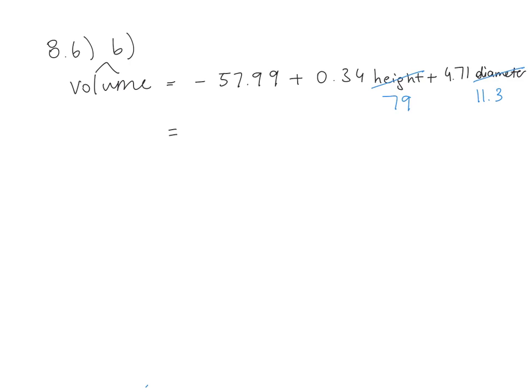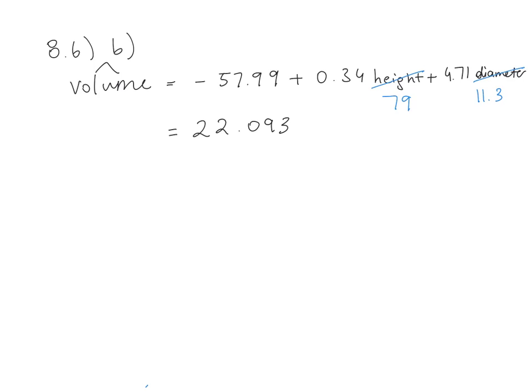So that's negative 57.99 plus 0.34 times 79 plus 4.71 times 11.3. So the predicted volume of this tree is 29.093. Okay?